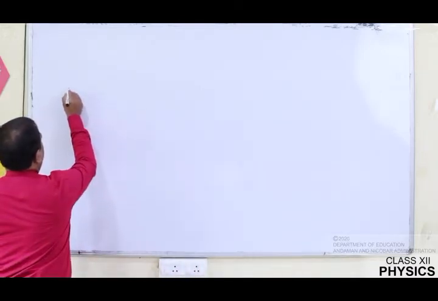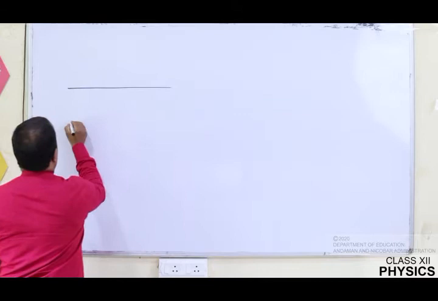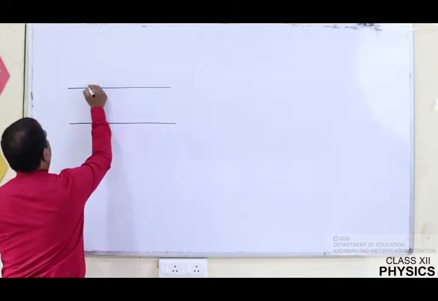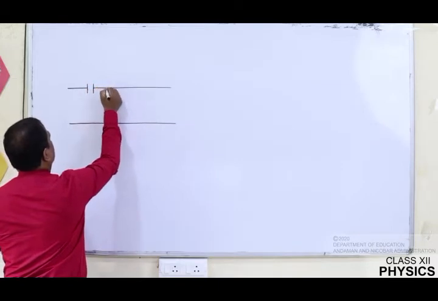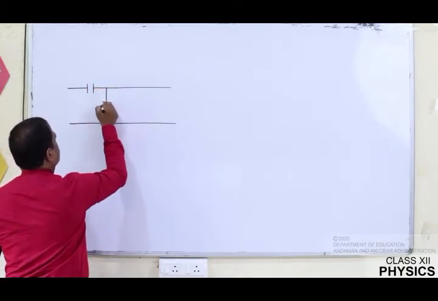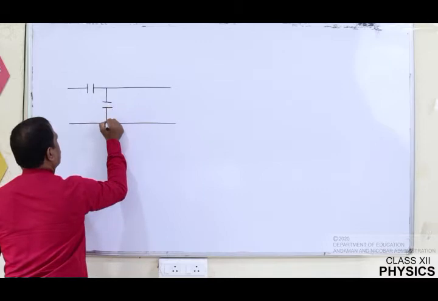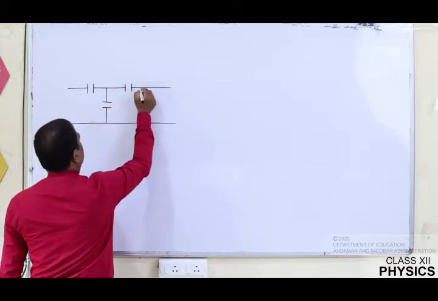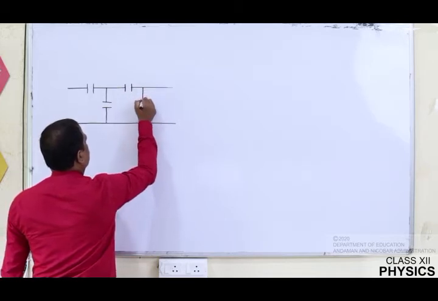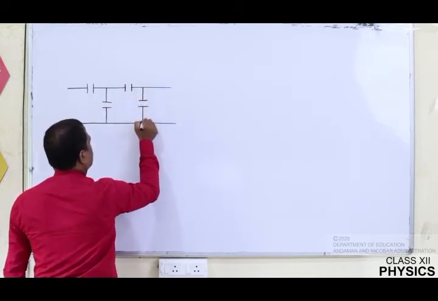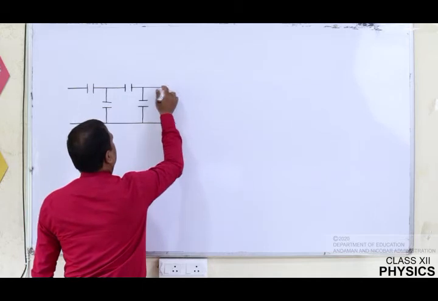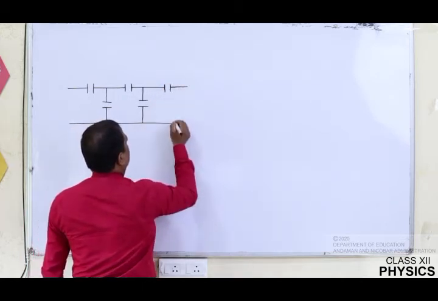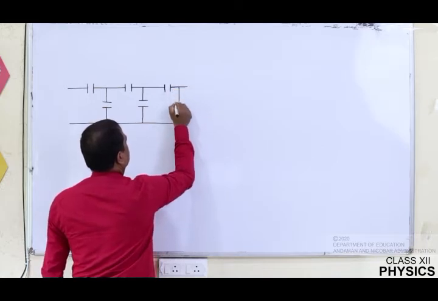Let us suppose that here I have one capacitor. This is my second capacitor. This is another capacitor. Here I have another capacitor, and another, and another.